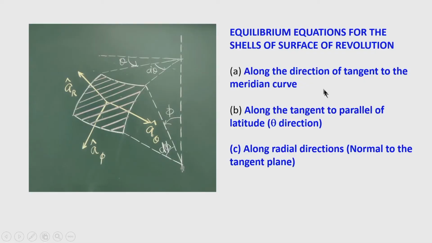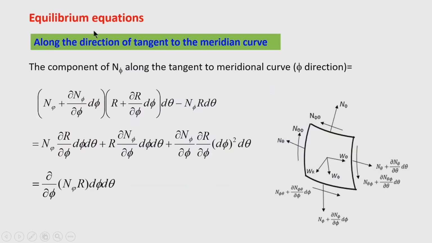So, let us now proceed to find the equilibrium equations one by one. First, we will take the summation of forces along the direction of the tangent to the meridional curve. Along the meridional direction, the membrane force is N phi.